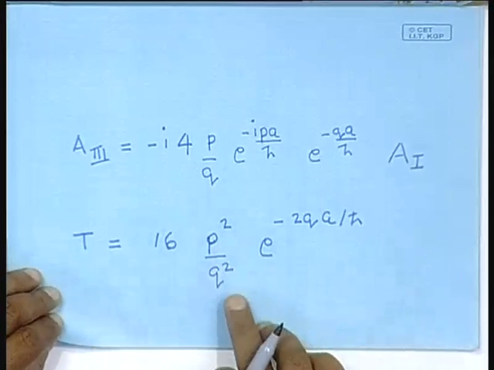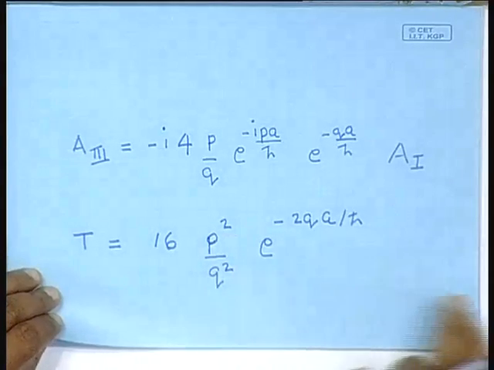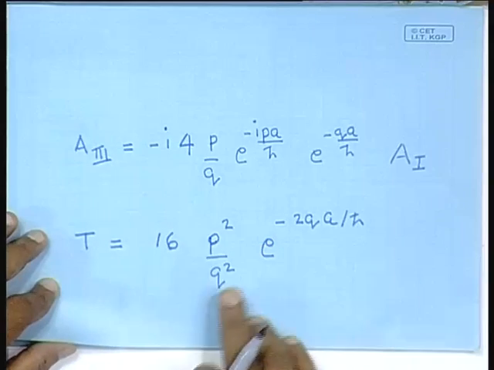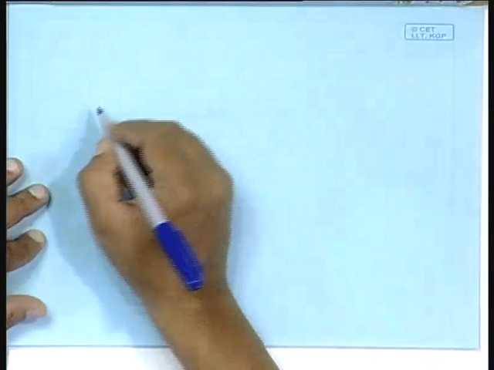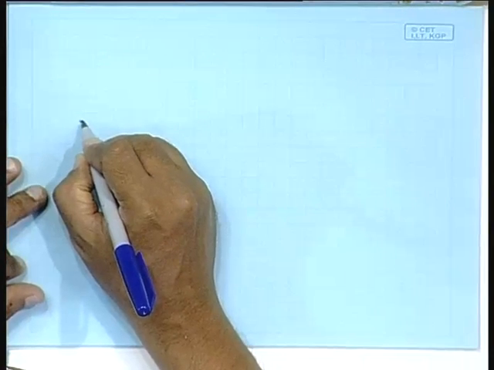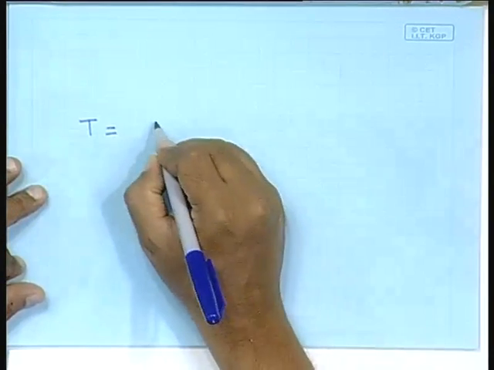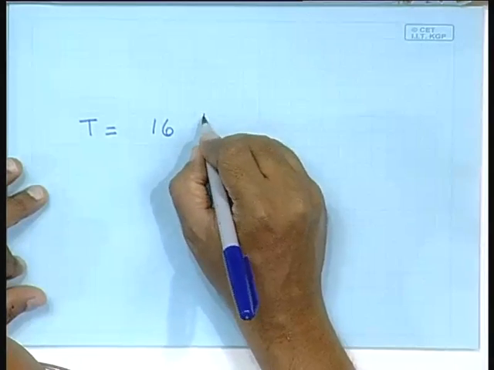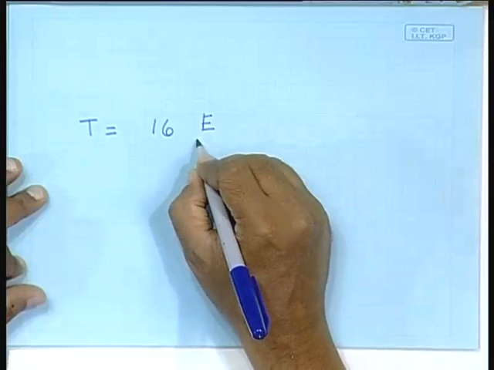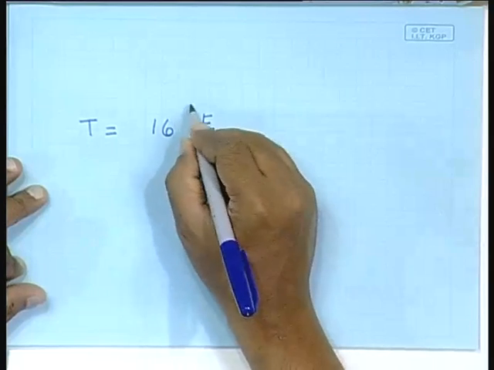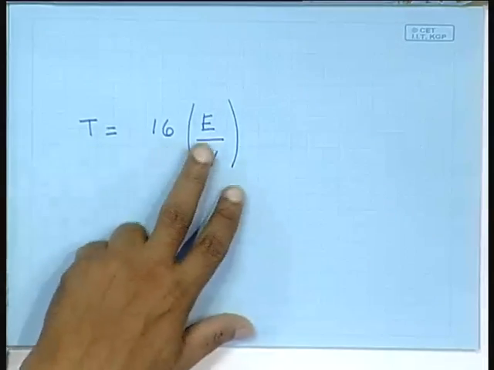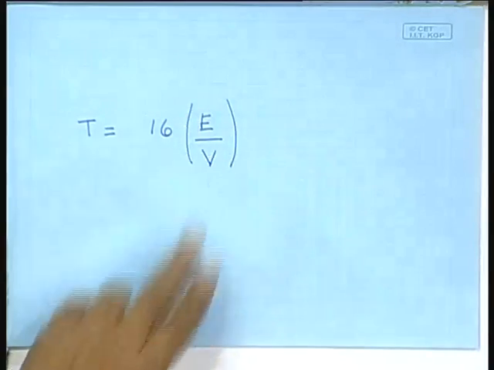So, this ratio p squared by q squared, if I put in the fact that p squared is 2mE and q squared is 2mV, then the tunneling amplitude T can be written as 16 times E by V, and we have assumed that this ratio is very small, so the tunneling probability is very small.